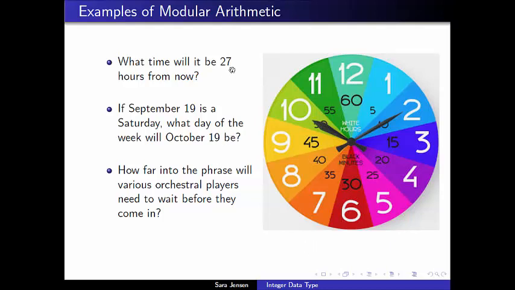Because I do not think that you would answer them in an entirely straightforward mathematical way. For example, if I were looking at the clock and it were 9 o'clock, I would not get out my fingers and count on 27 hours from 9 o'clock and say, yes, in 27 hours, it will be 36 o'clock. That's not what you do to answer the first question. Most likely, you identified a 24-hour time period from now as being totally irrelevant.